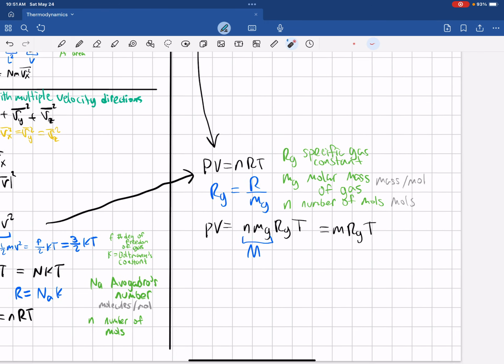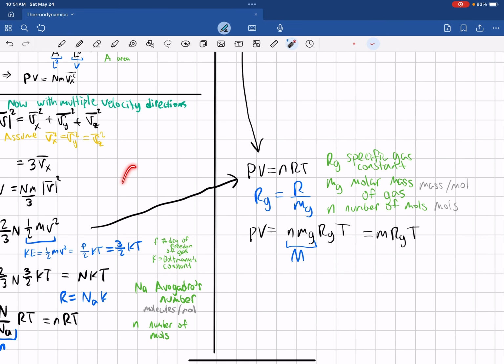Now that we have it 2 different ways, I like this way better. We can then say our specific gas constant is the gas constant we had before divided by Mg, which is the molar mass of your specific gas. So like we could do O2 or CO2.